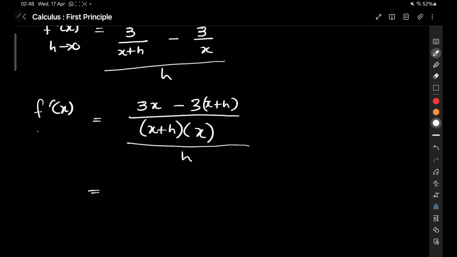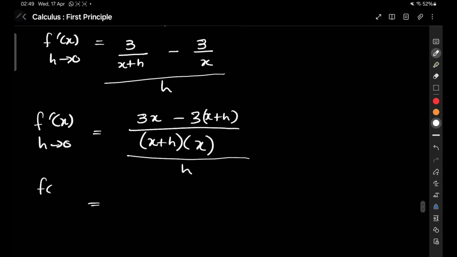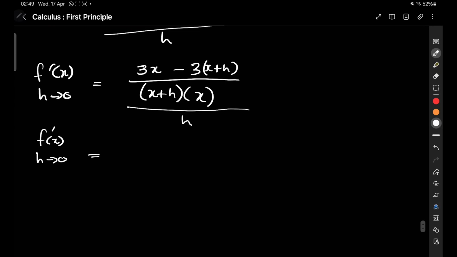So let's not forget, we need to carry this until we substitute the final value. So even here, we need to carry this, or else it will be wrong or we'll lose a mark. So to simplify the top part, we have 3x minus 3x, sorry, that's not plus, that would be minus 3h.